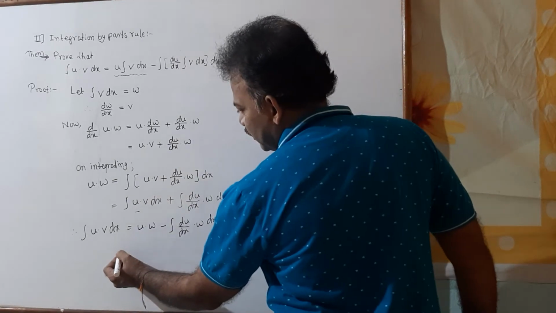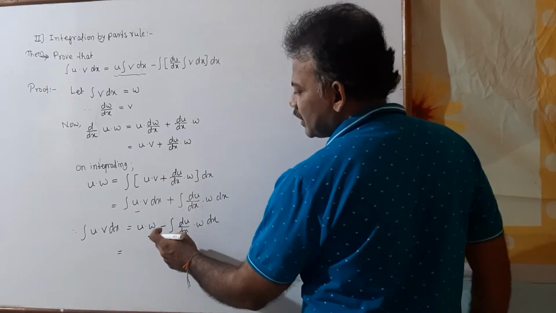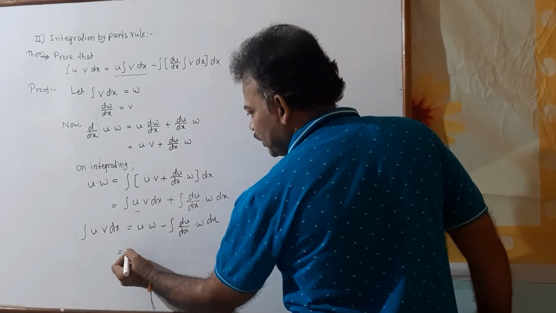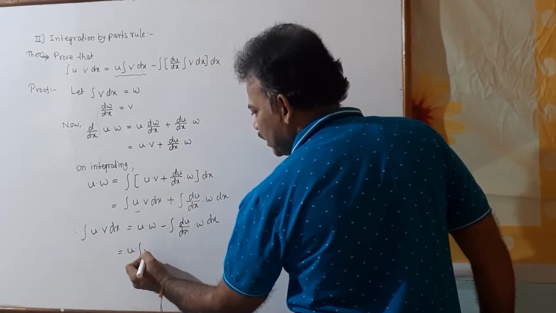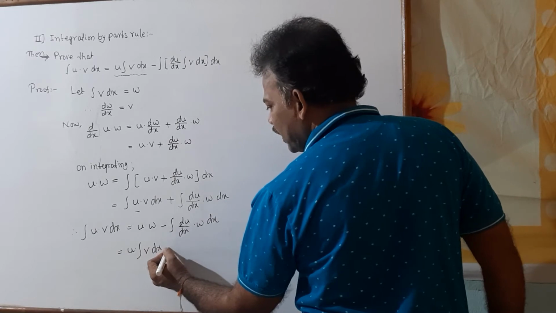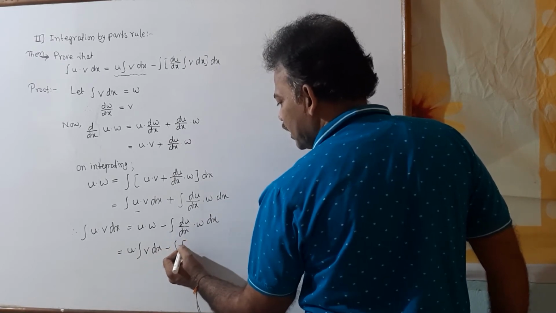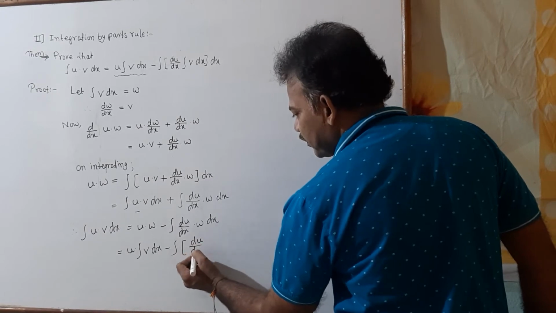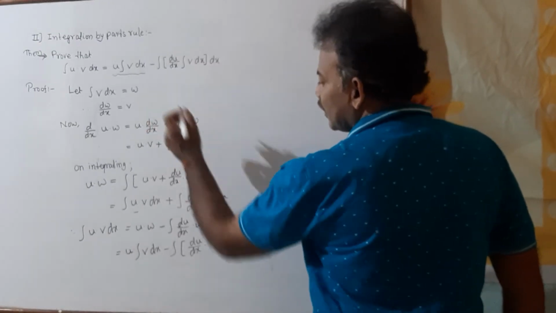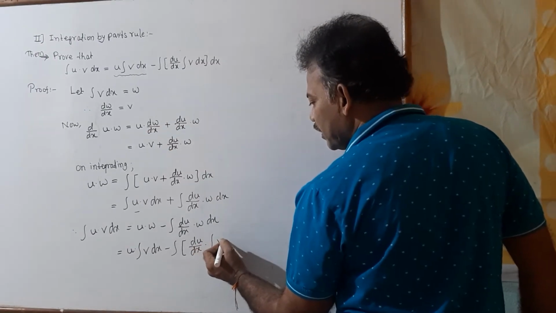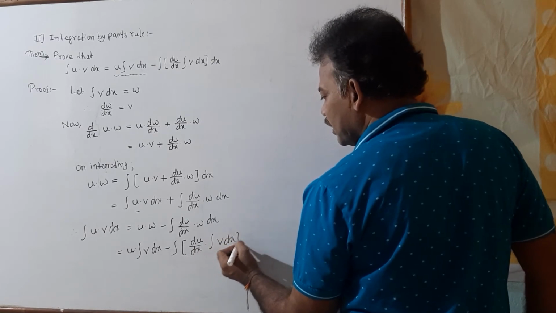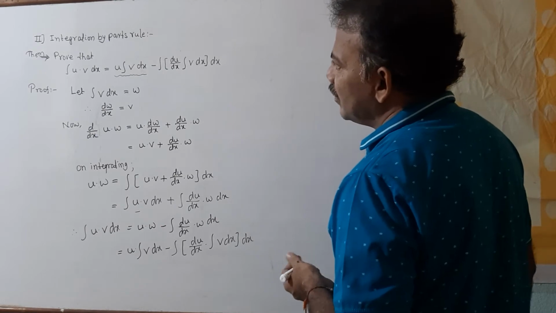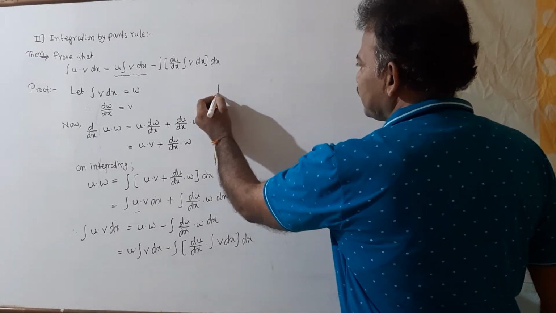Then we replace w. What is w? We have taken w as integral v dx. So we get u, integral v dx, minus sign, integration, in bracket, du by dx as it is, again replace w by integral v dx, and dx outside. And thus very easily we have proved this theorem.